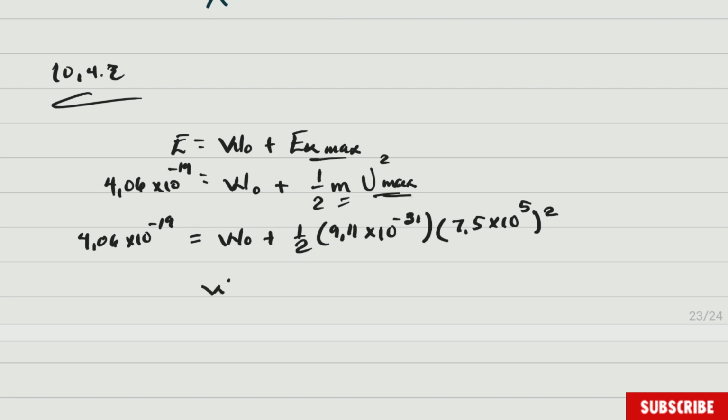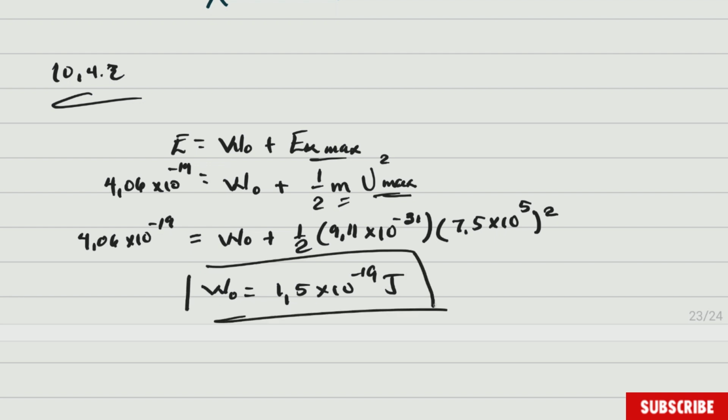So the work function, when you do that simple calculation, you should get 1,5 times 10 to the minus 19 joules. That is the work function.